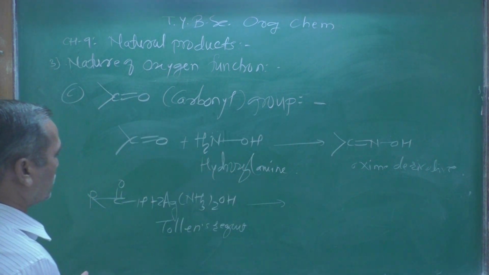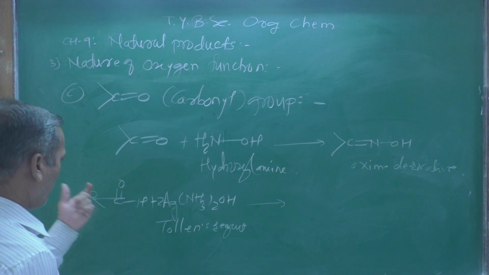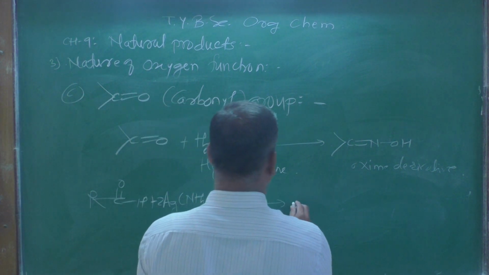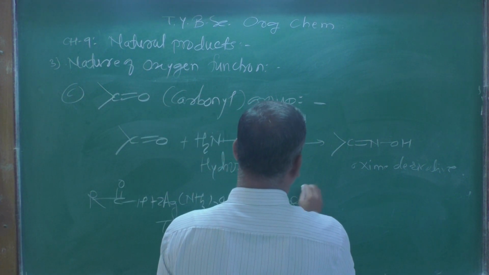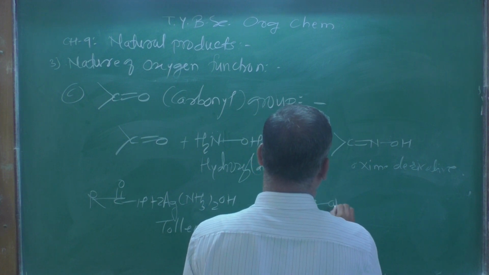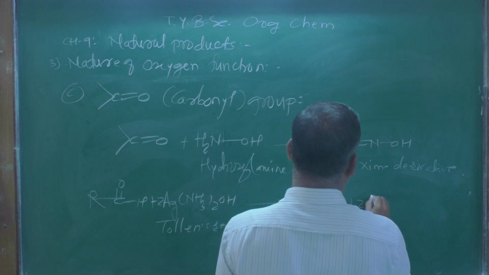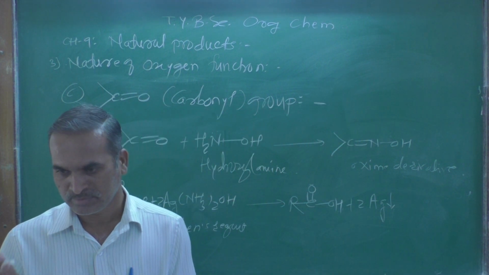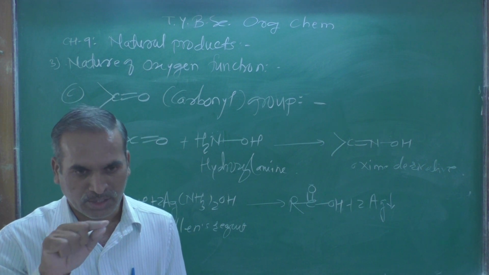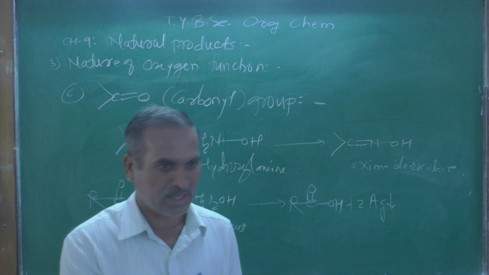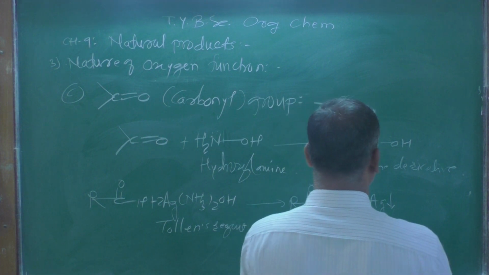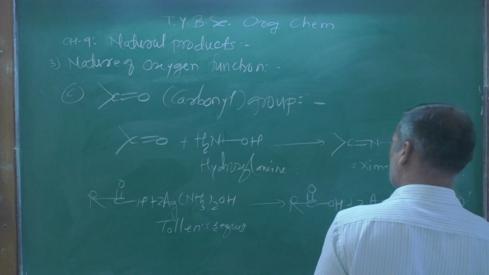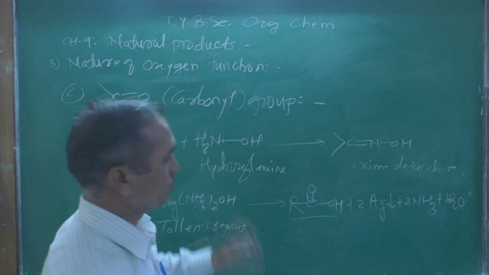Tollens' reagent is an oxidizing reagent which oxidizes the aldehyde group into the acid, and then silver particles deposit on the wall of the test tube, along with NH3 and water.